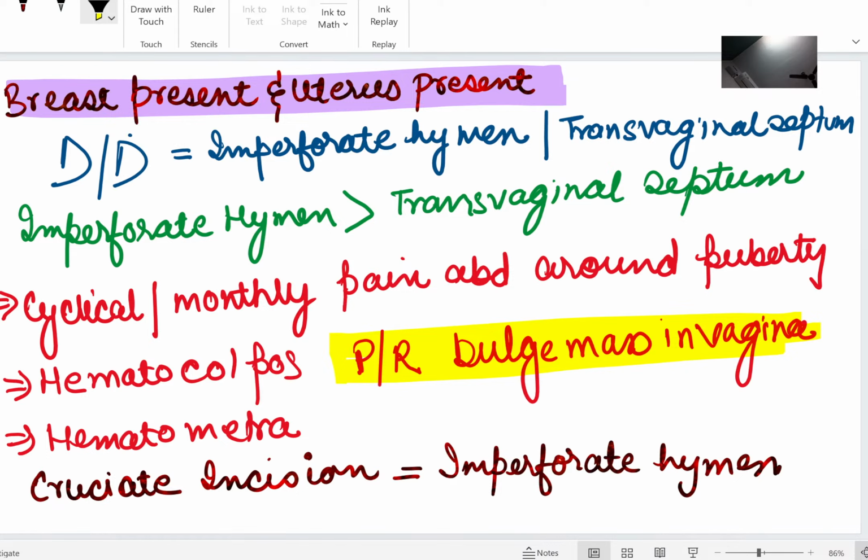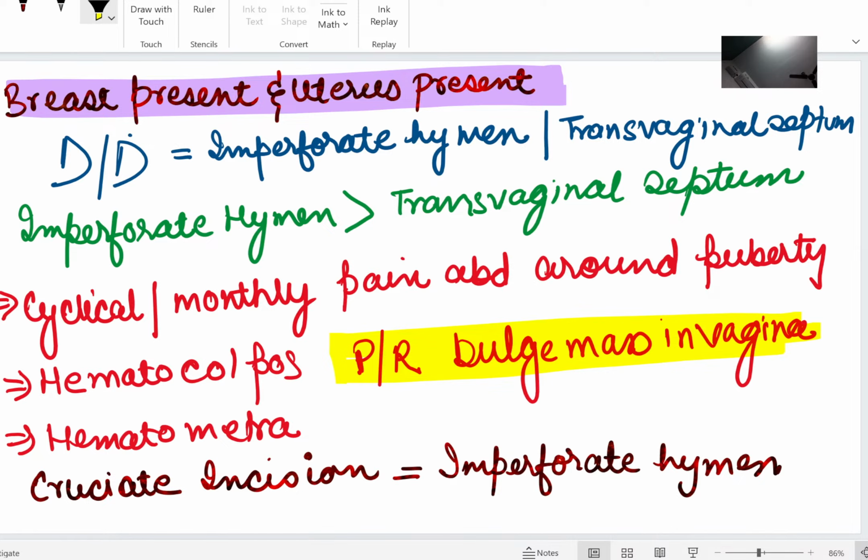If the breast is present and the uterus is present, then you have two differential diagnoses: imperforate hymen and transverse vaginal septum. Imperforate hymen is much more common than the transverse vaginal septum.